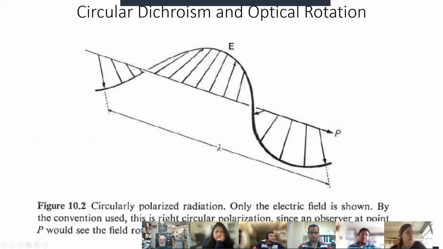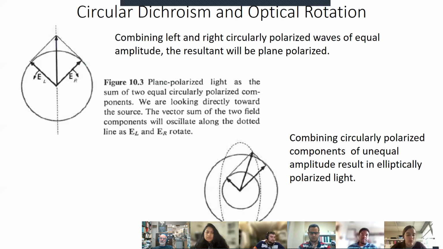So this is right circularly polarized light, and I think you can see that it's rotating from out of the plane, into the plane, out of the plane of the board or of the screen. And so this is circularly polarized light, and this is particularly right circularly polarized light. And so you can make instrumentally circularly polarized light. So now that you have circularly polarized light, what might one do with that?